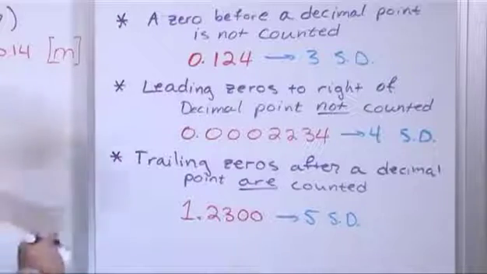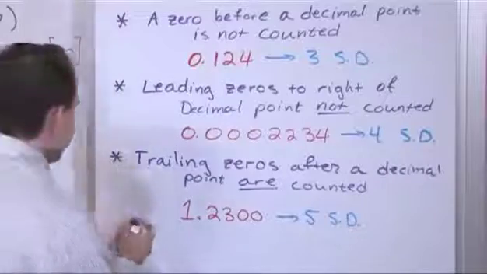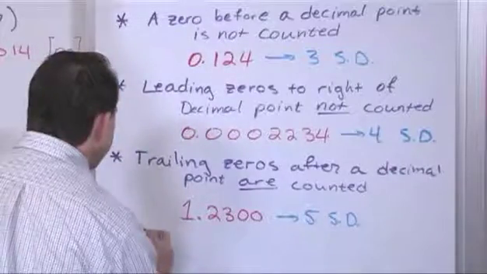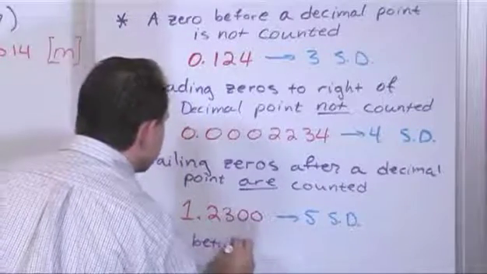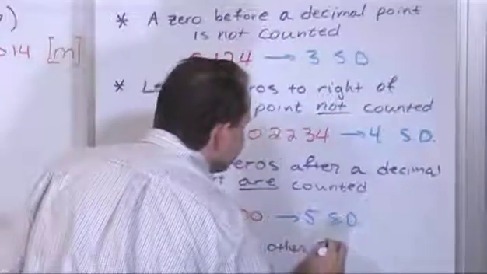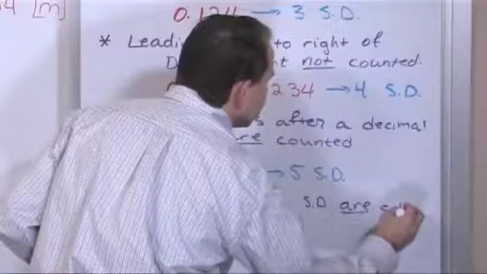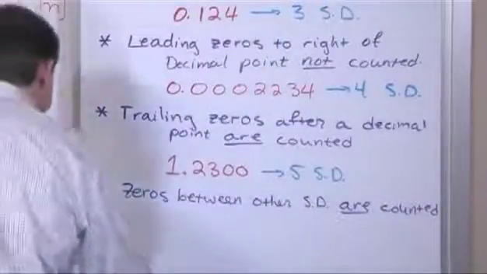And let me go ahead and tell you here, just to make it clear, since we're talking about zeros, zeros between other significant digits are counted. All right, let me give you an example of this.